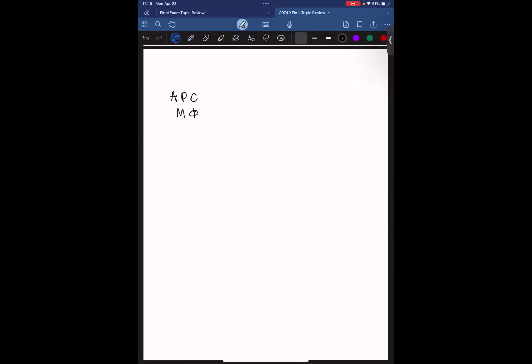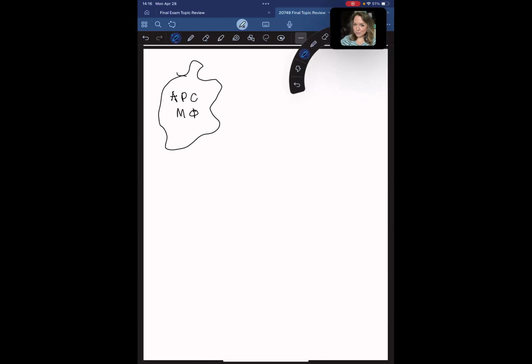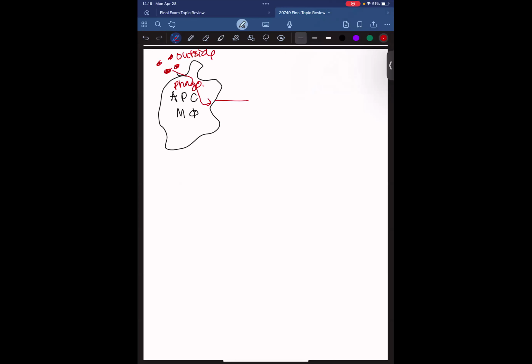It is going around, it's a blobby guy, eating some stuff up, and it picks up this material from outside. It goes through phagocytosis and then puts it on, because it picked it up from outside. What is it presenting it on? MHC2. It's from outside.